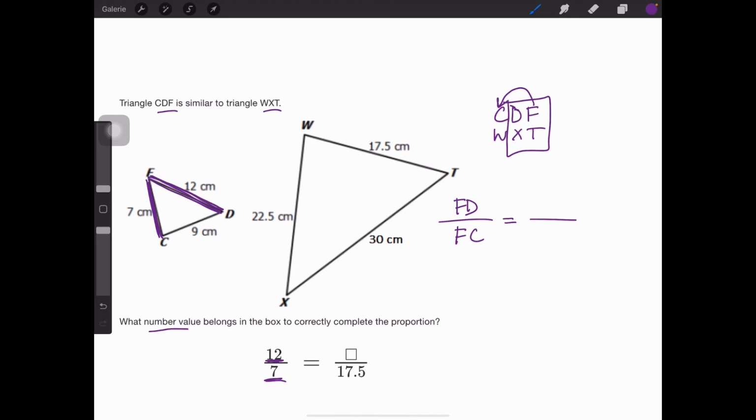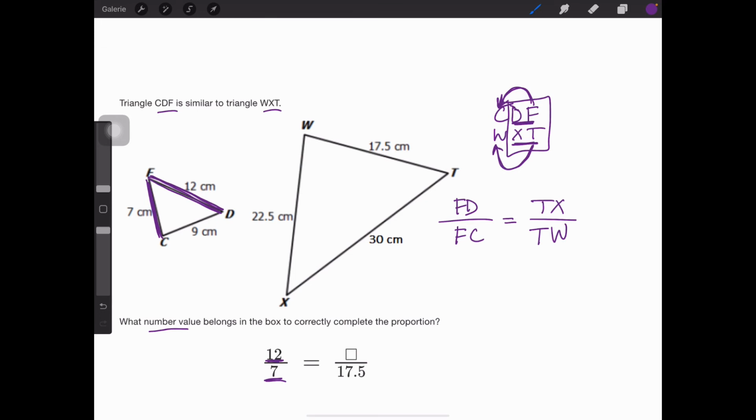So I'm going to now use my key on the right to figure out what that is corresponding to. FD, my letters in the box, are going to correspond to TX. So FD and TX. And then FC, I've drawn my arrow in my key. That's the last letter to the first letter. I'll draw an arrow as well from the last letter to the first letter of my second triangle. That will be from T to W. So now I have my proportion.